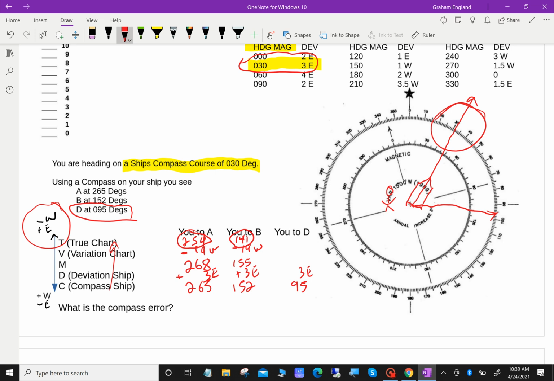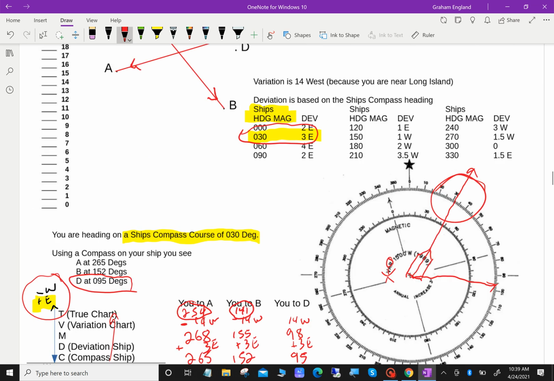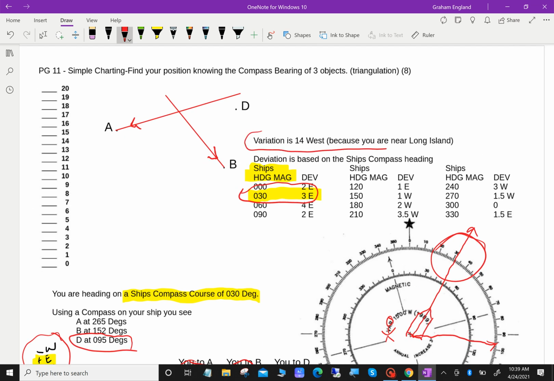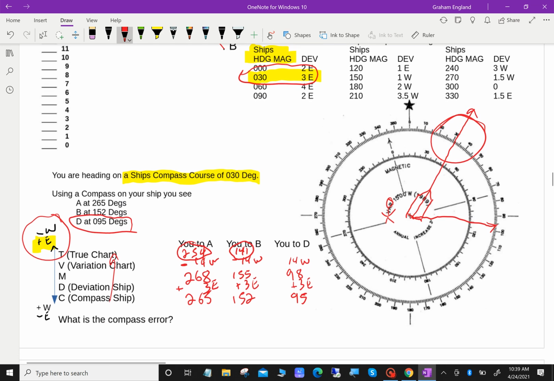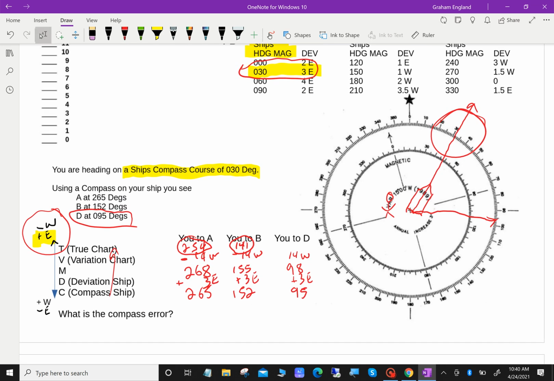I look over here, and I see that 3 east is a plus. So I add it, so that's 98. I've got 14 west because I'm still in the same location, same place in the world. So 98 plus 14.